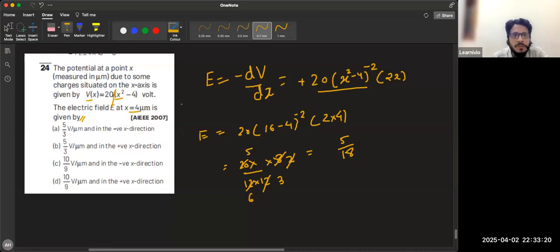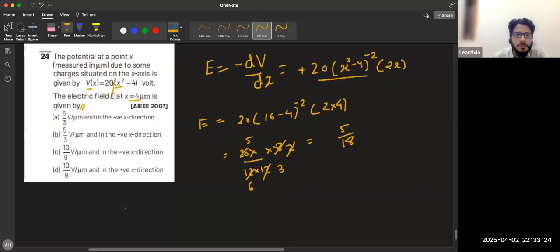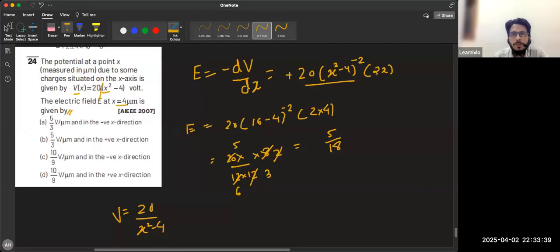Let's check the calculations again. It's 20 by x square minus 4. So minus 20 x square minus 4, minus of x square minus 4 power minus 2, right? Into 2x, 16 minus 4, into 8.